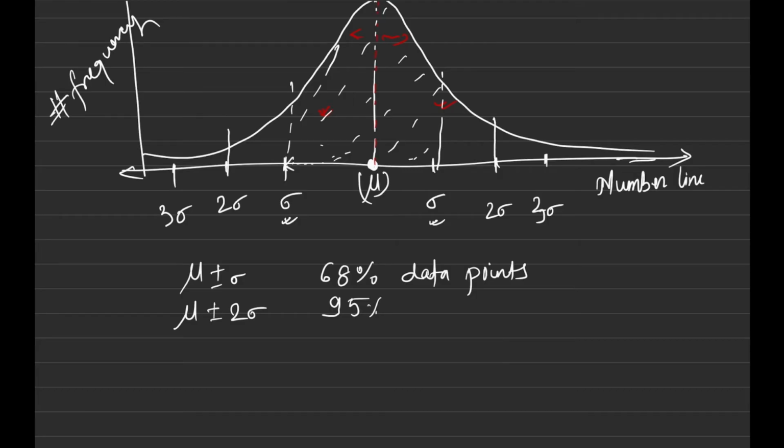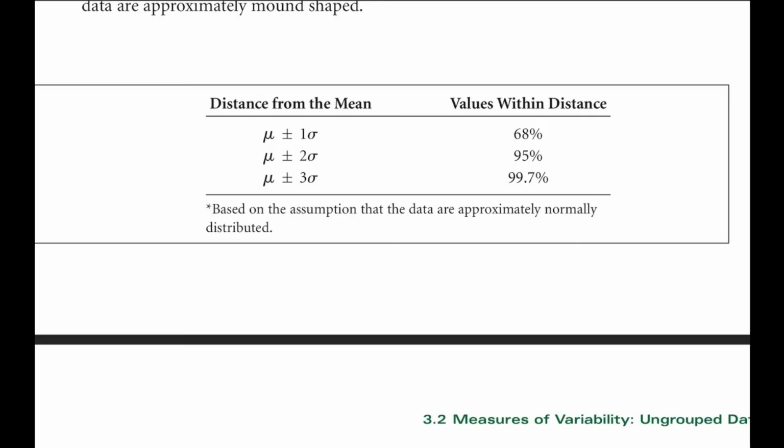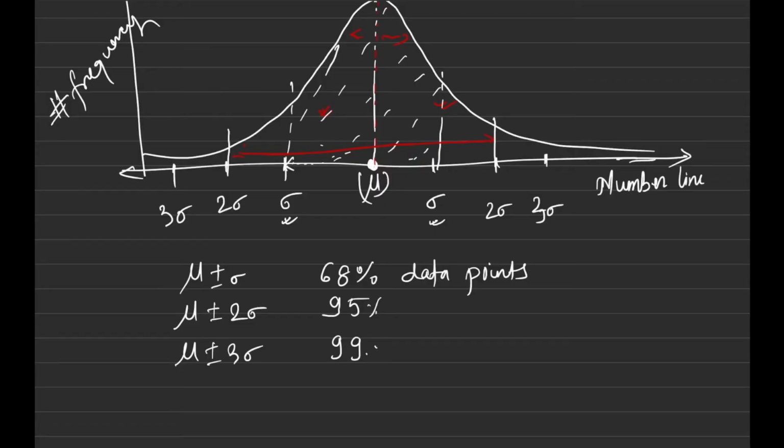And for mu plus minus 3 sigma, 99.7% of data points will fall under this only, from minus 3 sigma to 3 sigma. This is what the empirical rule says.